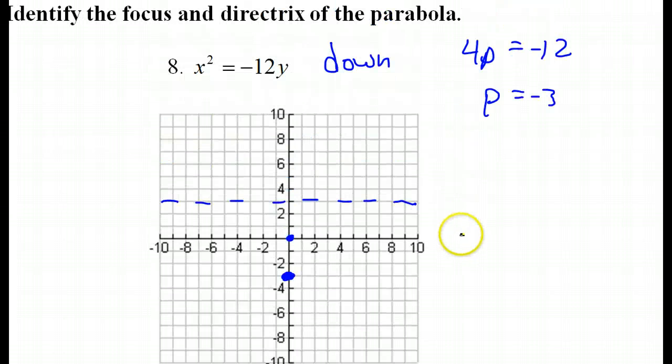Now we need to use the focal width to get a couple more points here. Remember, the focal width is going to come from this number in front, but it's the absolute value, so ignore the negative sign. So the focal width is 12.